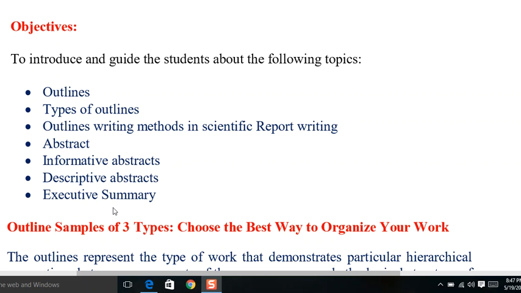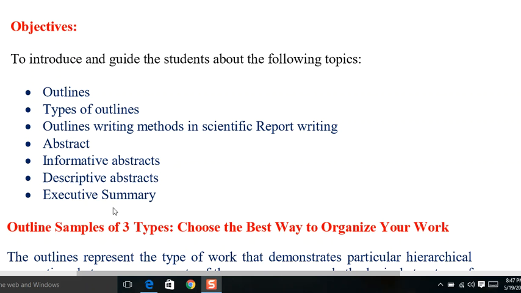In the previous discussion for week 12, we covered scientific report writing generally to specifically.